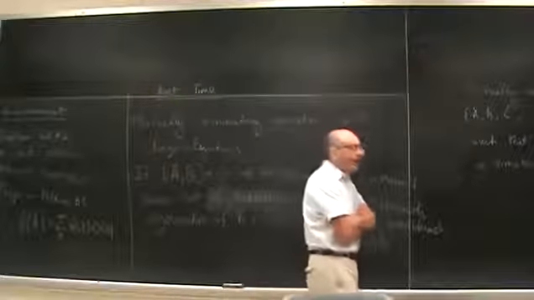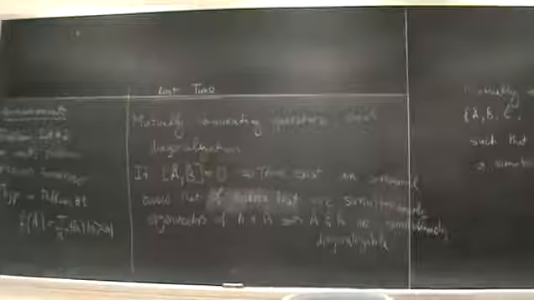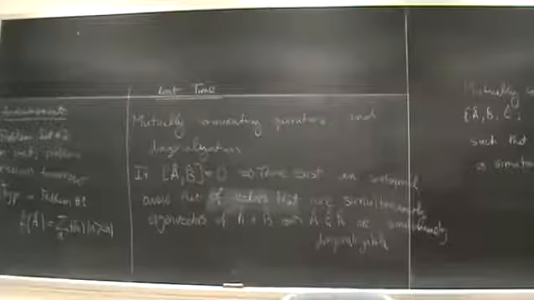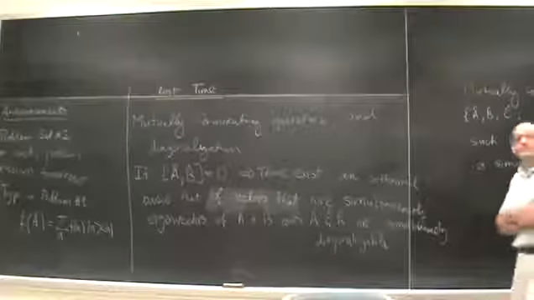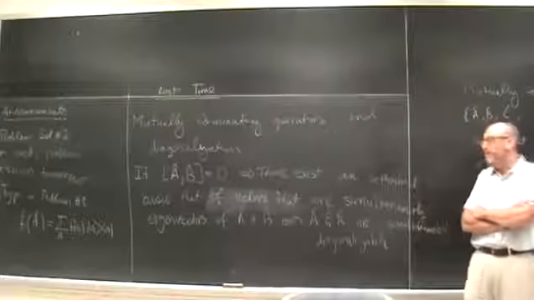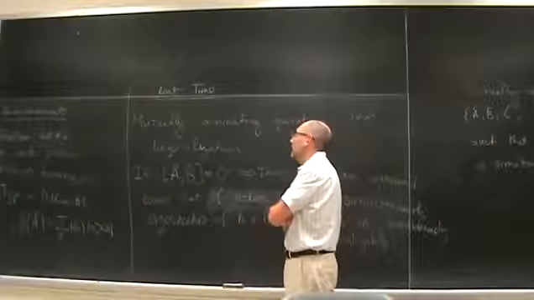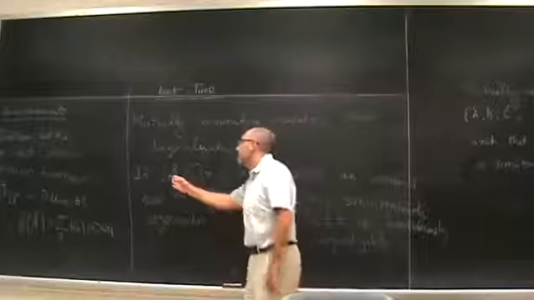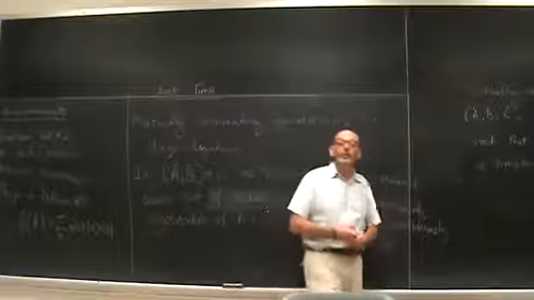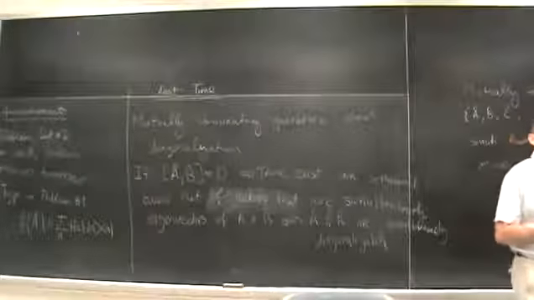That is to say that those two operators are simultaneously diagonalizable. There is a common basis such that a representation of these two operators in that basis will be diagonal.